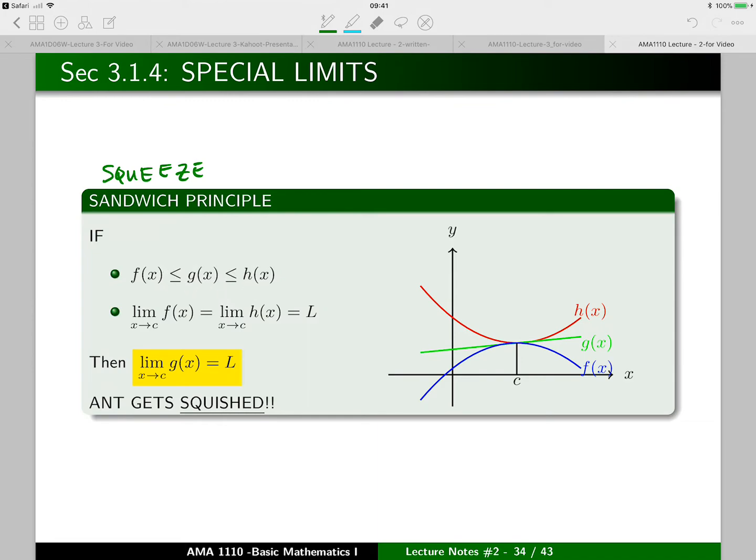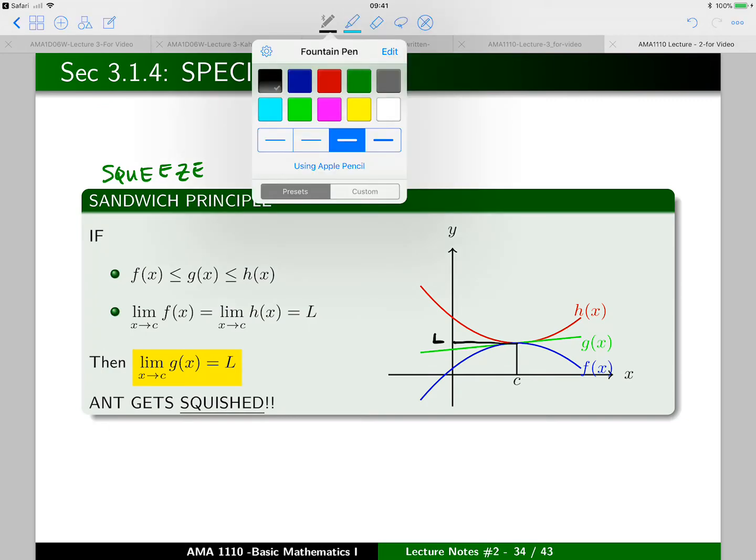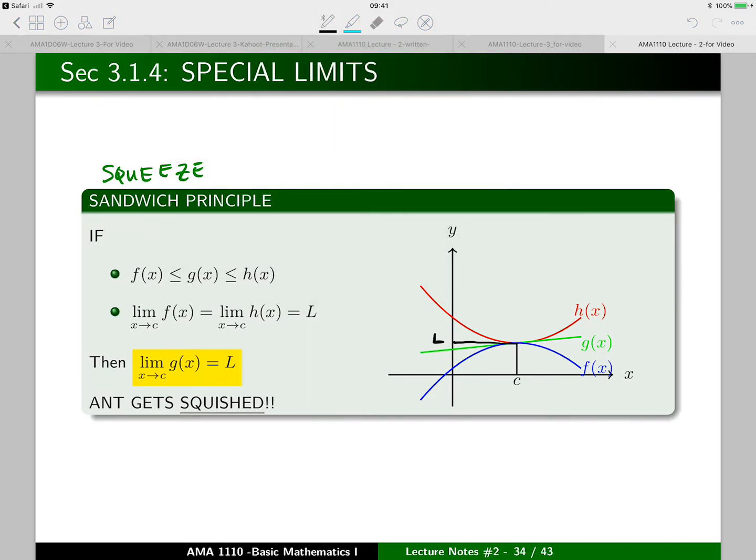And suppose the limit as x approaches c of the bottom function f and h is equal to L. Okay? So this is L here. This height here is L. Then what happens is the limit as x approaches c of the squeeze function is forced to be equal to L. As you can see, right?